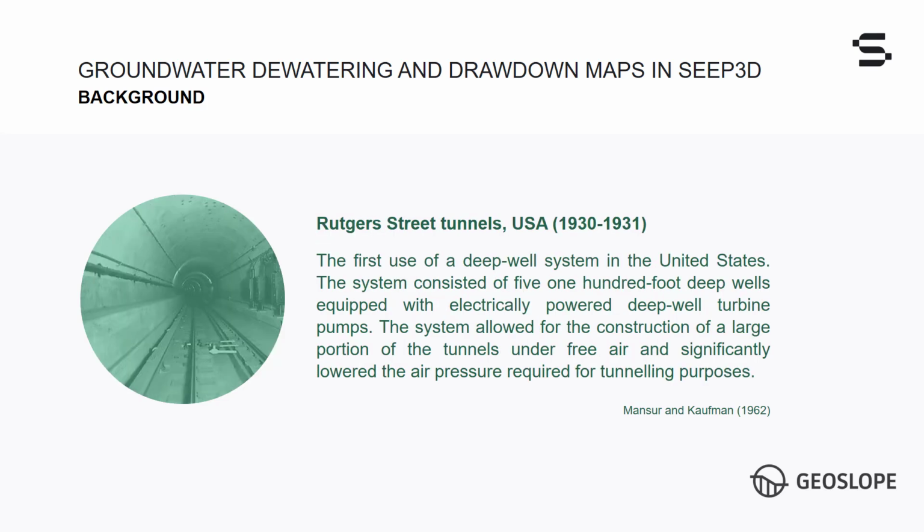Another early example of dewatering is the system used for the construction of the Rutgers tunnels in New York City. The system consisted of 5 100-foot deep wells equipped with electrically powered deep well turbine pumps. The system allowed for the construction of a large portion of the tunnels under free air and significantly lowered the air pressure required for tunneling purposes.